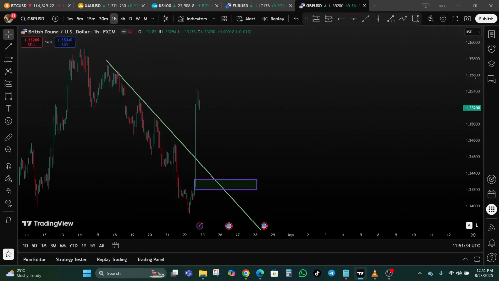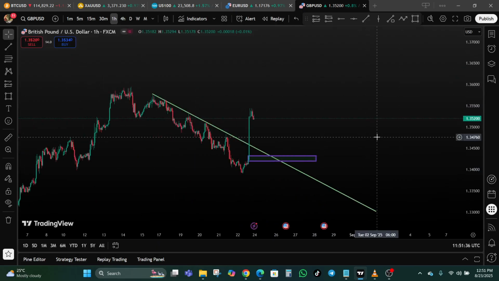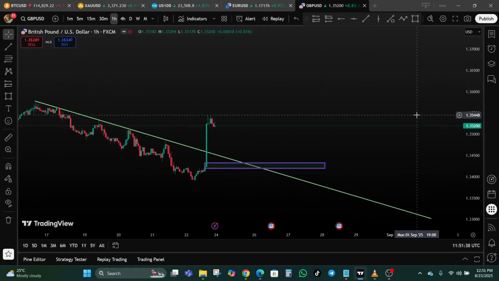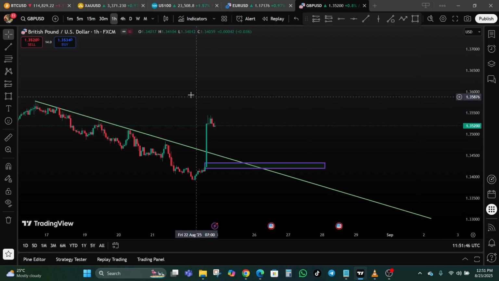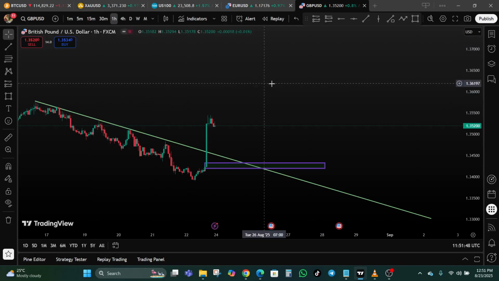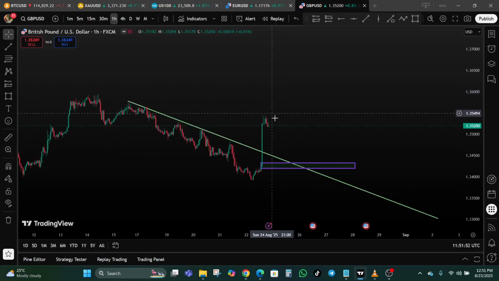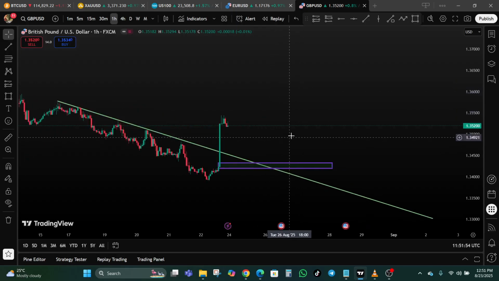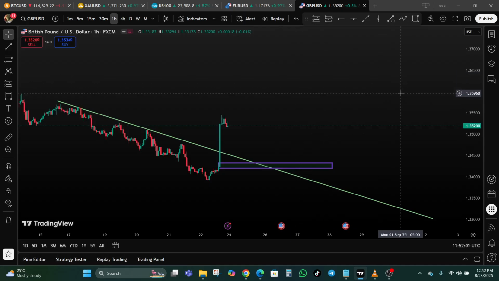The overall market structure is very, very important. So you combine with overall market structure, liquidity areas, and other smart money concepts. The more confluences you have, the stronger your setup becomes.